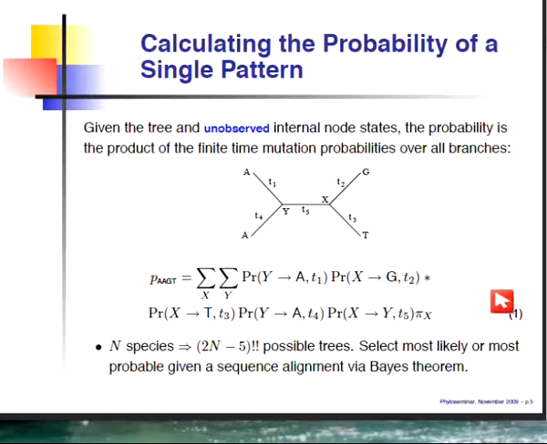And that forms the basis of the phylogenetic likelihood, the deterministic probability that runs into the statistical multinomial model.